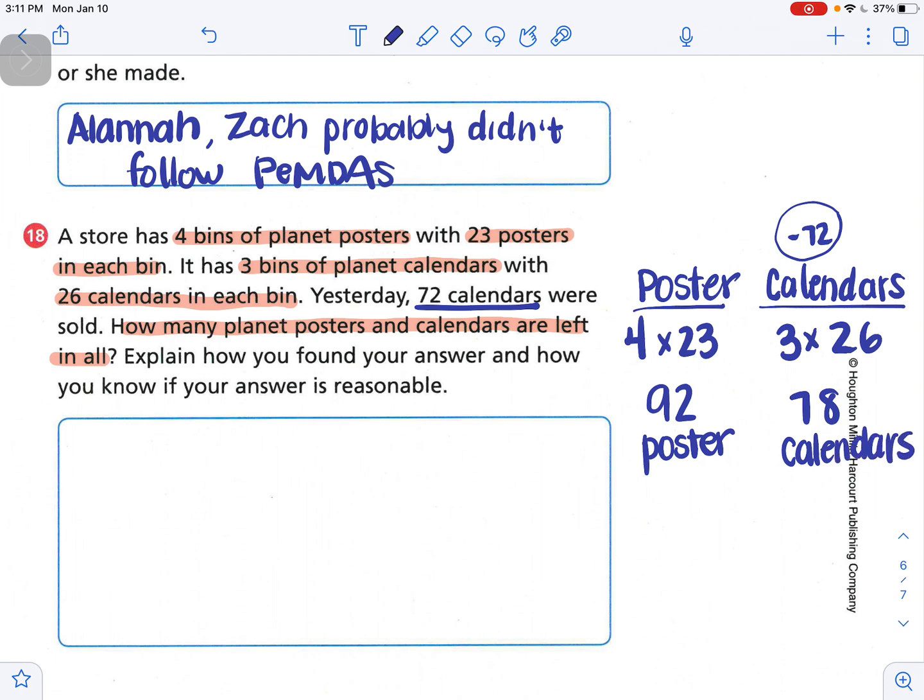Now we can't forget about little 72 up here. Man, she almost sold all of her calendars. I'm going to have to subtract my 72 that I sold. So I'm going to go 78 minus 72, and I have 6 left over, 6 calendars left.